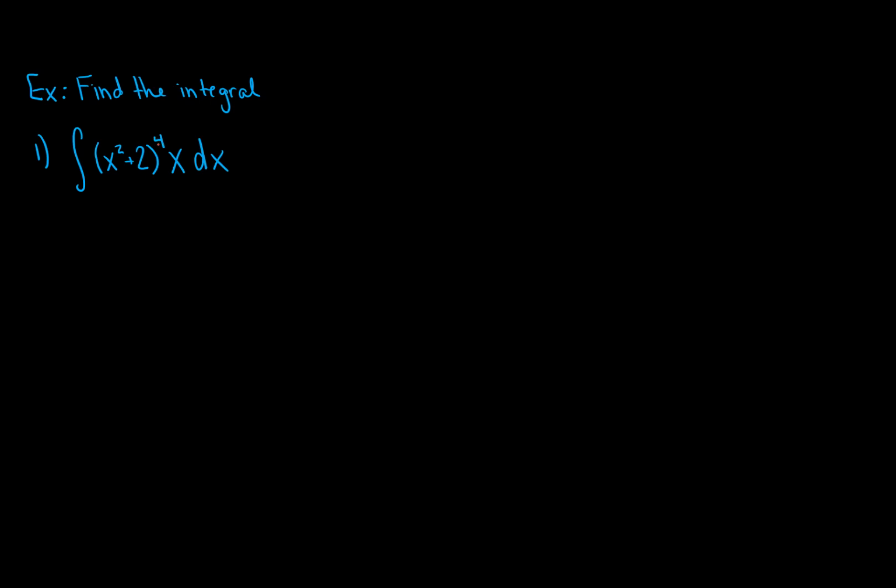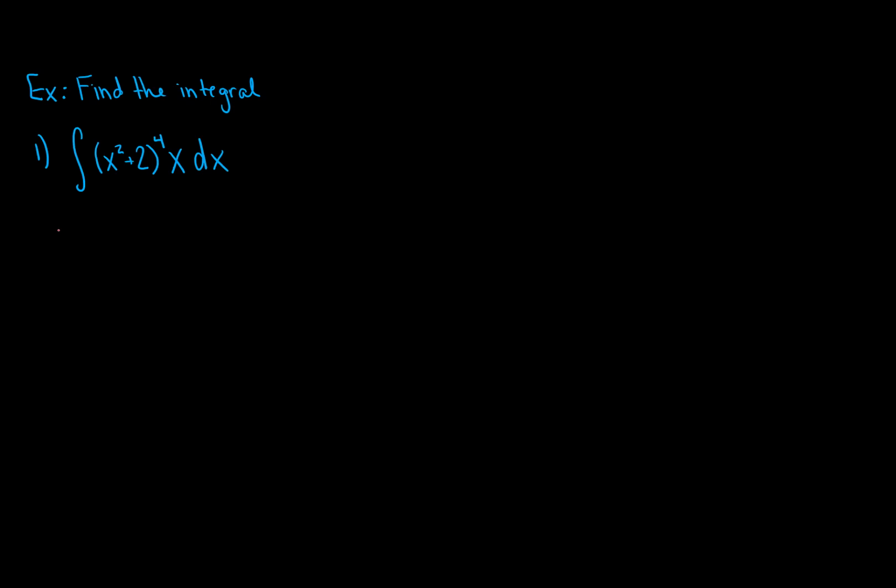Now, before this section, I would maybe have to take this binomial to the 4th power, distribute out the x, and then take the antiderivative. But now, I can't do it that way. So what I need to figure out is, what's my u substitution going to be?